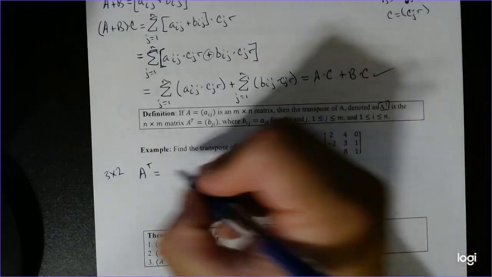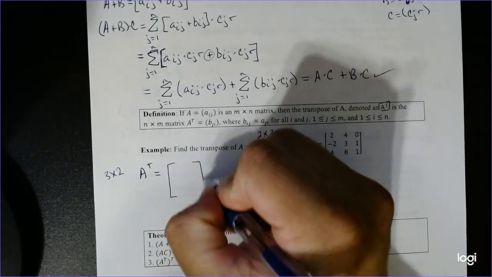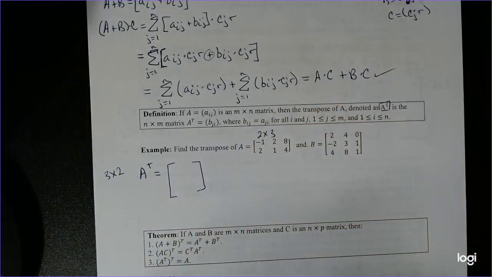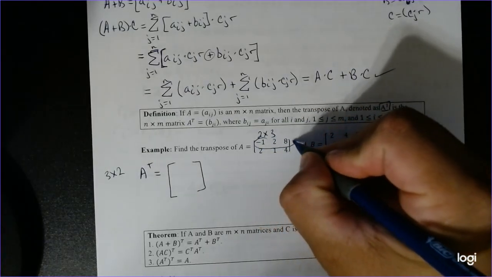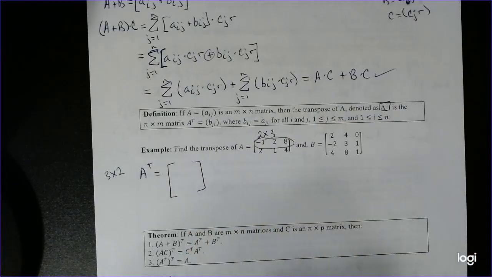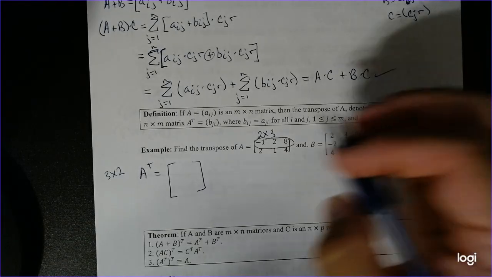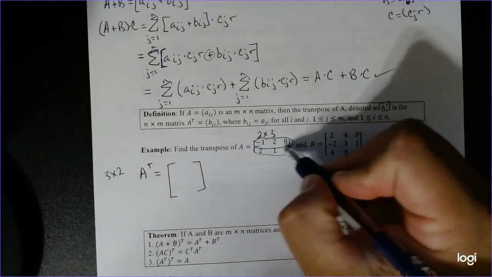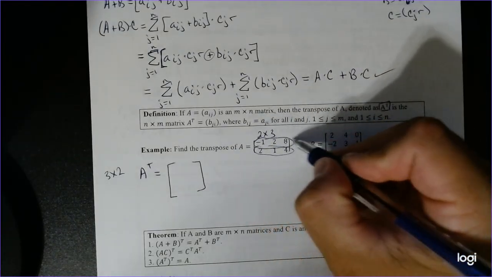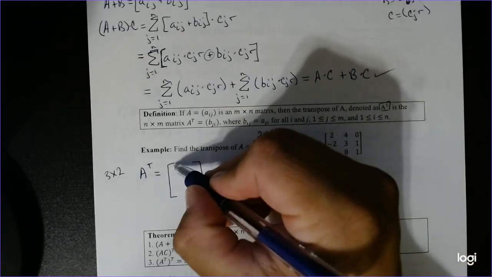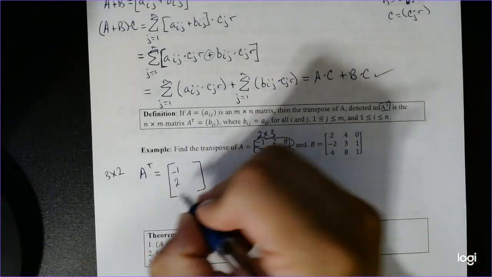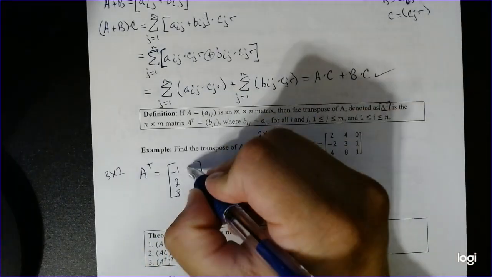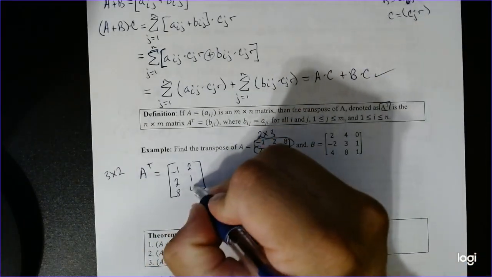So instead of going this way, it's now going to be going this direction, and the entire row here now becomes a column. And the same thing applies for the other case. Since this is the first row, it's going to be the first column. Just like that.